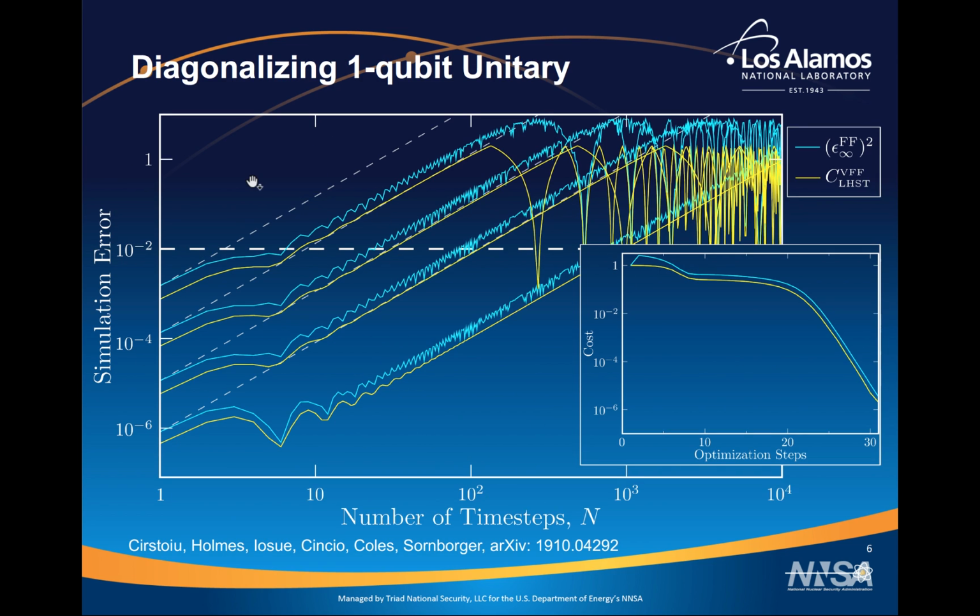So you can, in an example, this is a single qubit unitary that we diagonalize using VFF. This is in simulation on a classical computer. But you can see here, what we've done is we've optimized within about 30 steps, we can get roughly down to 10 to the minus 6 optimization error. And the related simulation error, which in cyan is the infinity norm or the cost function.